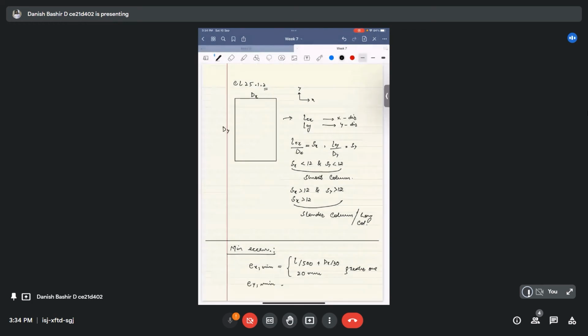L by 500, it will be the same. Here L is the unsupported length, plus the lateral dimension along the y direction, dy by 30, and the same 20 mm, whichever is greater.